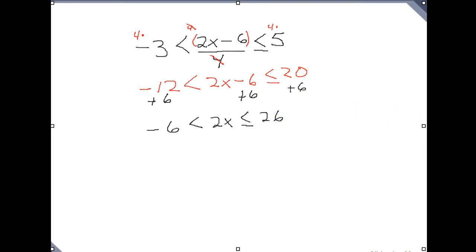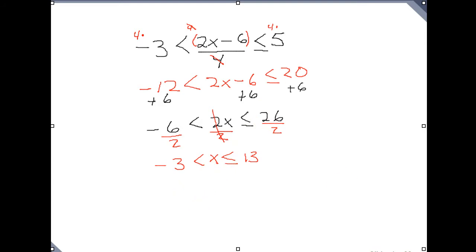Now notice we're not dividing by a negative. If this were a negative, we'd have to reverse all these signs. But since it's a positive, we're just going to isolate the x by dividing everything by 2. So this is going to be a negative 3 is less than x, because these cancel out nicely, is less than or equal to 13.